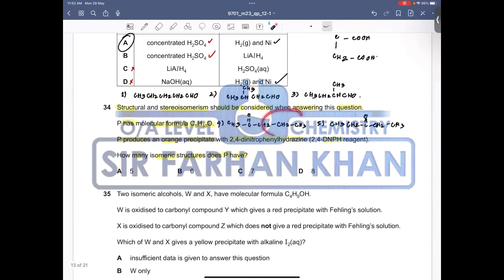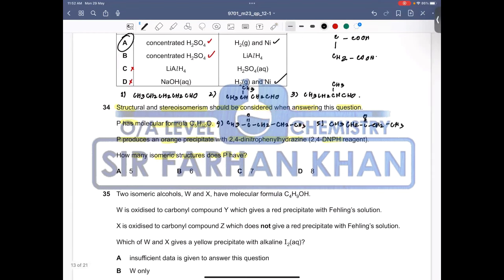Since we have hydrocarbon chain, I can use chain isomer 6. CH3, CO, CH, CH3, CH, CH3, and then CH3. 1, 2, 3, 4, 5. Okay. So we have 6 altogether.